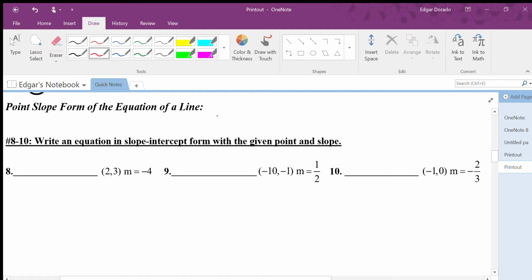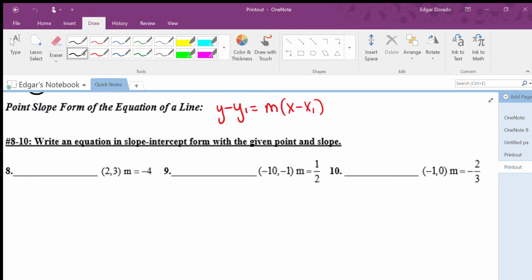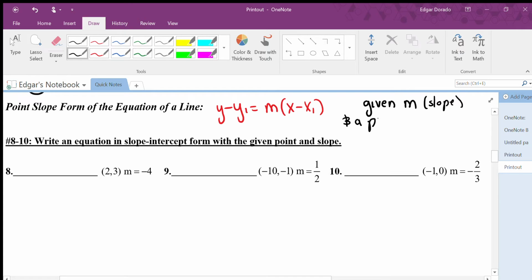It is y minus y1 equals m times parentheses x minus x1, okay, where m, and usually you're going to be given an m, so given m, or in other words, your slope, and a point, which is your x1, y1.